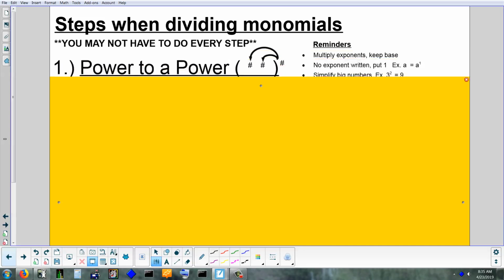So the first thing you want to look for is, does it have a power to a power? That means we want to take what's on the outside and multiply. That's a rule we talked about yesterday. Take the exponent on the outside and multiply it by the exponents on the inside, always keeping the base.